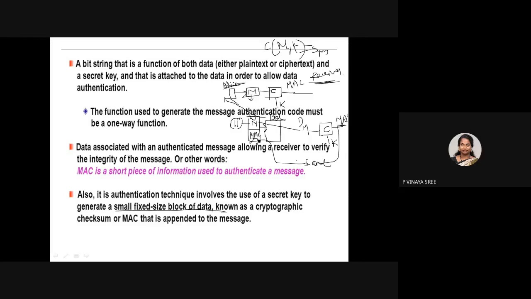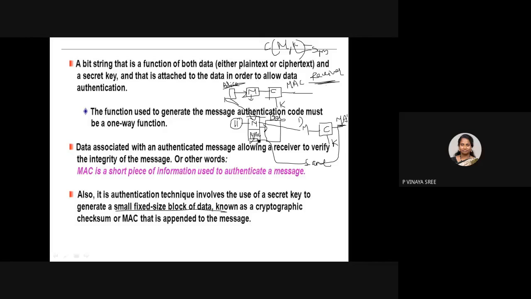If Bob compares the MAC Alice has sent and the MAC Bob calculated, and both are the same, he will accept that message. If both are not the same, he will ignore it. Why? Because the message has been tampered with, altered by Eve.